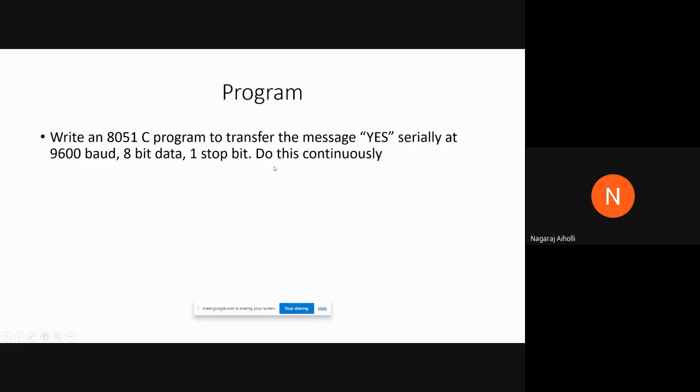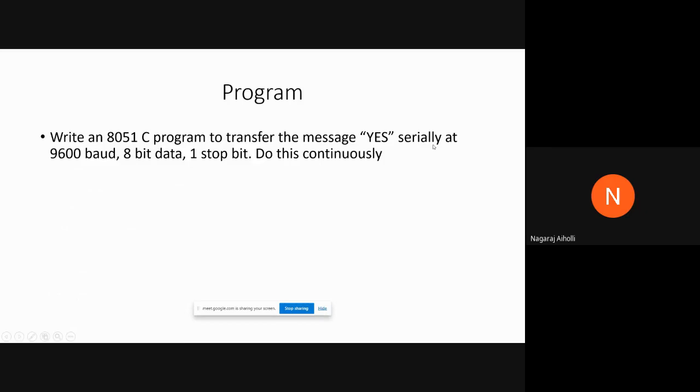Remember students, here you are sending the message yes, but the message may be anything. It may not be only yes. It may be some other message or set of characters which is sent serially.